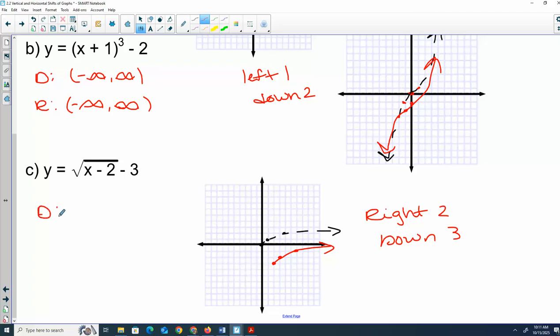What's my domain on that? Now, because I moved right 2, it starts at 2. What's my range? So if all I'm asking is domain and range, draw a graph if it helps you, but it isn't required. Alright, what questions do you guys have?